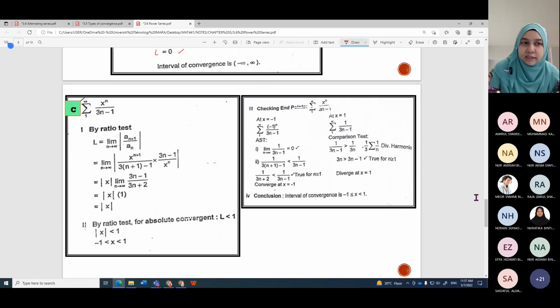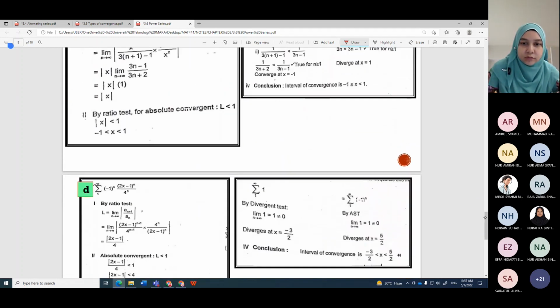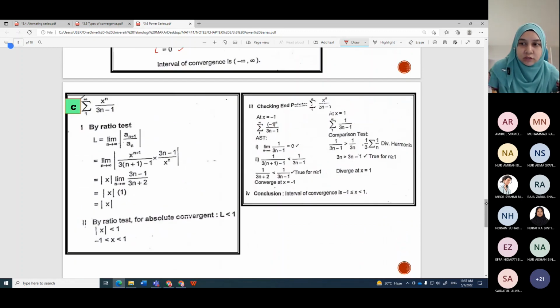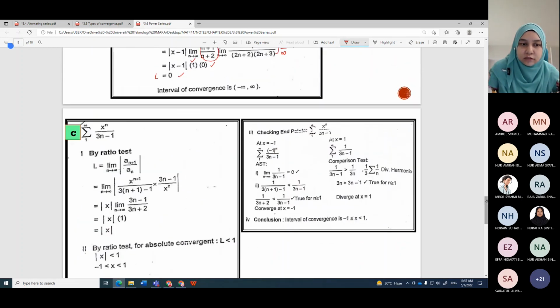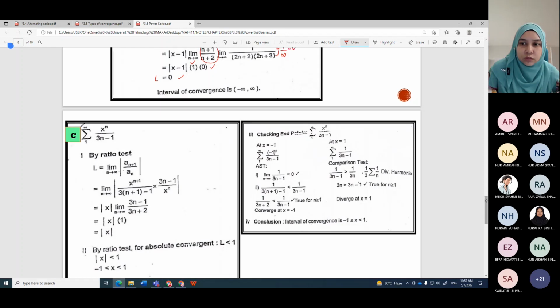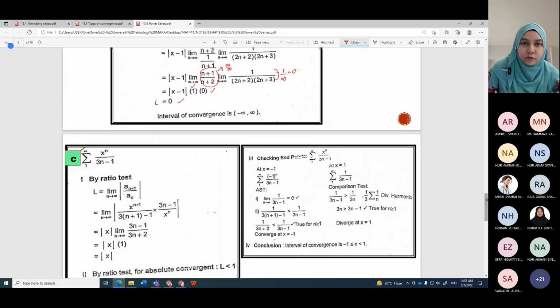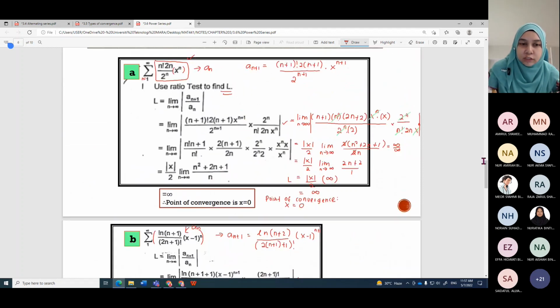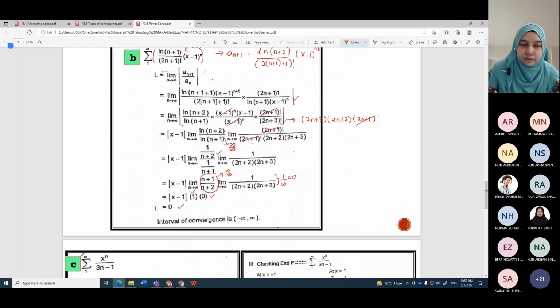Okay, last yang ketiga ni. Keempat ni awak boleh cuba tengok sini lah. Okay, yang ketiga, if L not equal to infinity or not equal to 0. Yang ketiga lah.